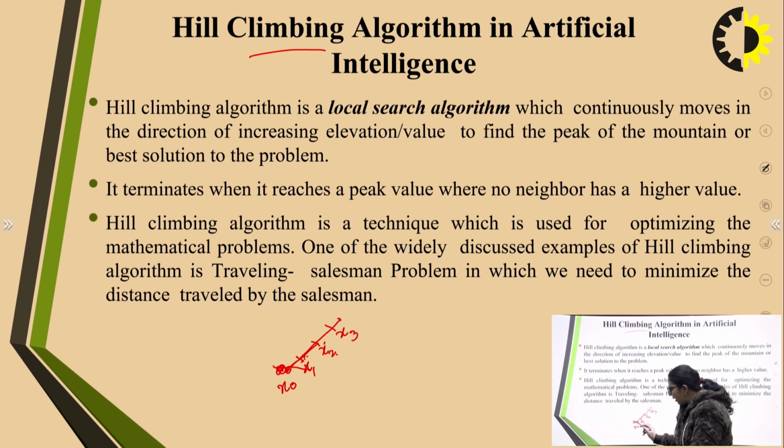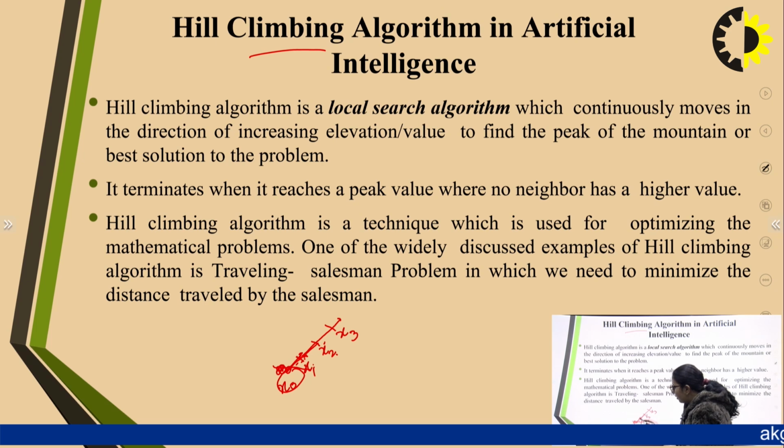So we move in an upward direction, in increasing order. Here x1 is a better solution in comparison to x0. Moving further up, we find another value, x2, which is better than the previous value x1. Then x3 is a better value in comparison to x2.